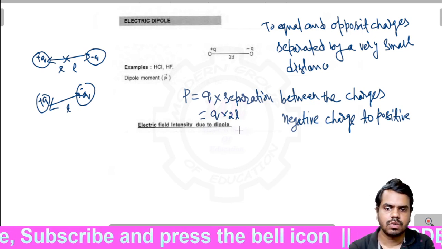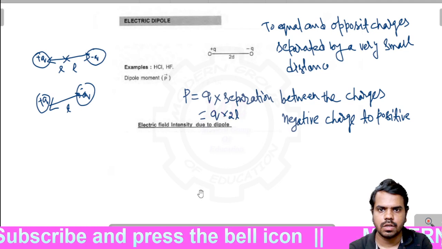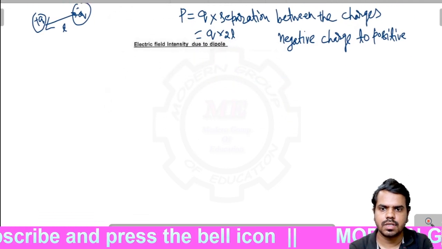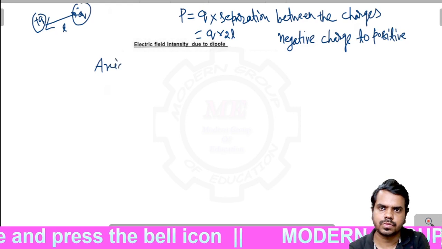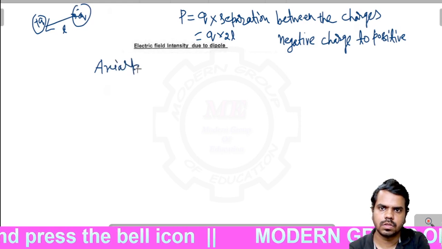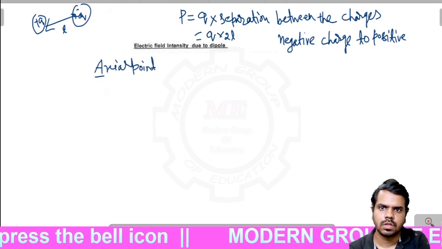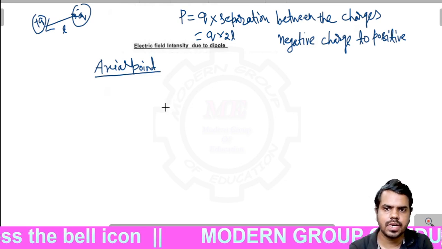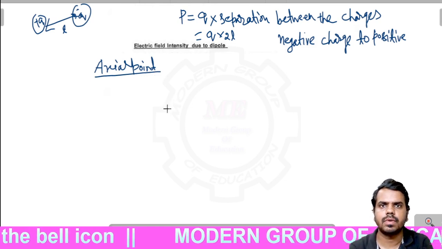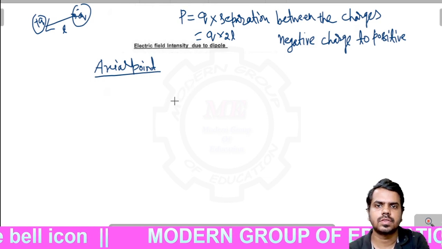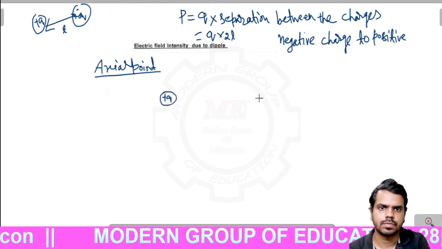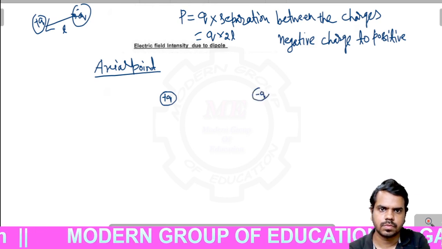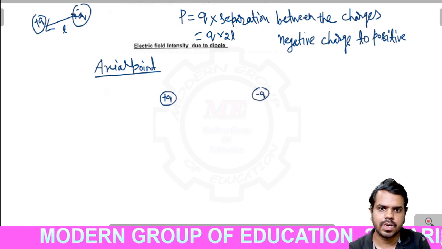For two cases, one is the axial point and another is the equatorial point. So first, the axial point. Find the electric field intensity at the axial point of an electric dipole. Say this is a dipole separated by 2l distance.